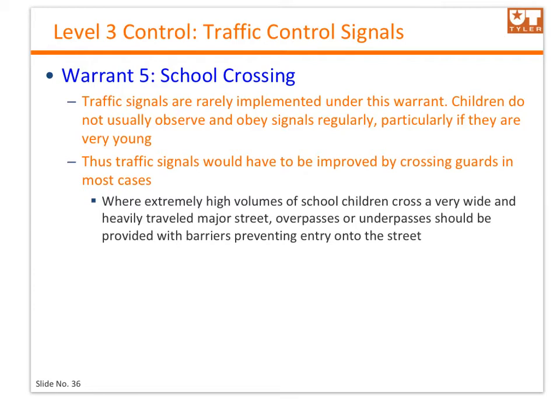In a more extreme case, where we have higher volumes of school children crossing a very wide and heavily traveled major street, we go to the other level of separating pedestrians from cars, and that can be done by having overpasses or underpasses that have to be provided with barriers in order to prevent entry onto the street.